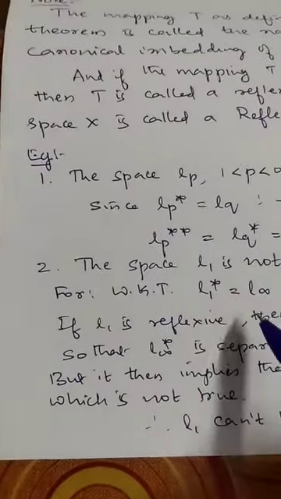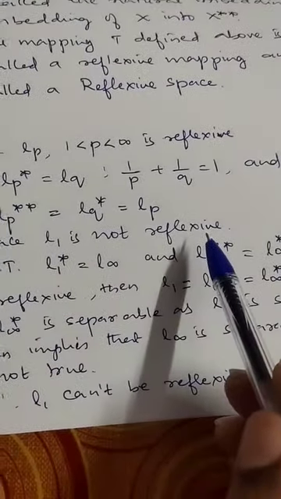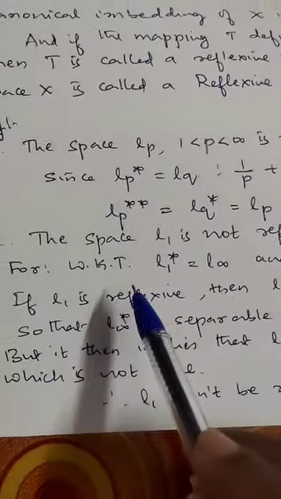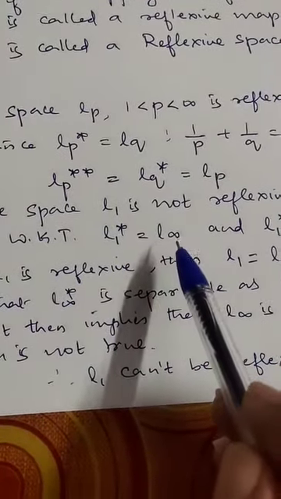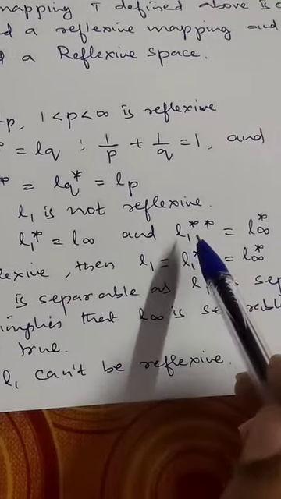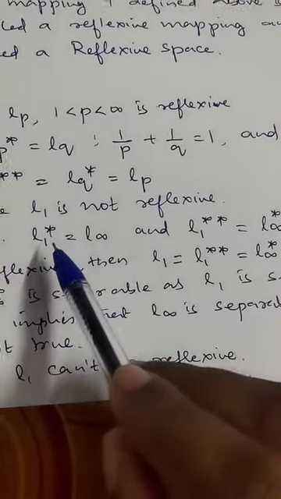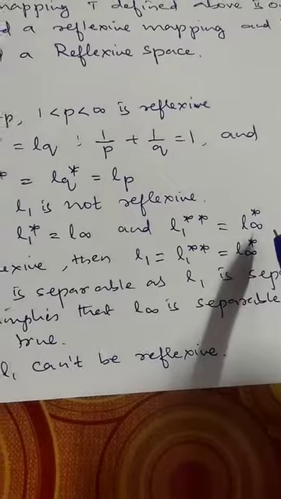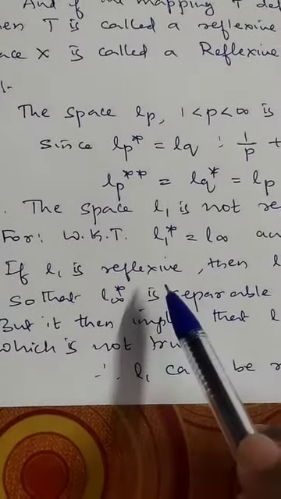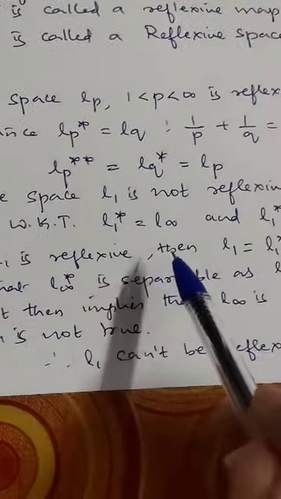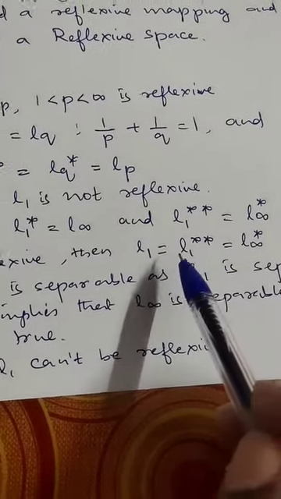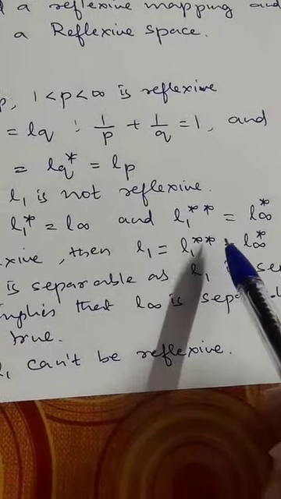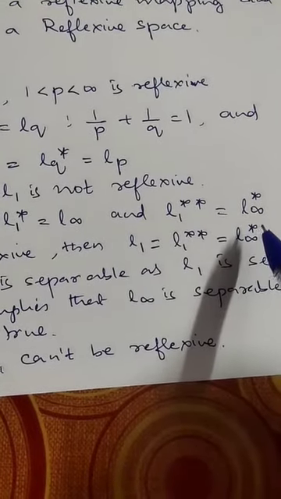But the space L1 is not reflexive because we know that the dual of L1 is L infinity, that is L1 star is equal to L infinity, and L1 double star is equal to what? According to this, L1 double star is L infinity star. If we assume that L1 is reflexive, then what will happen? L1 will be equal to L1 double star. L1 double star is nothing but L infinity star.